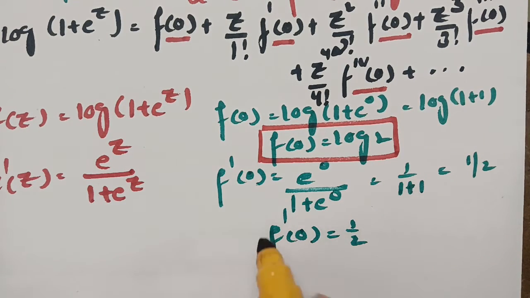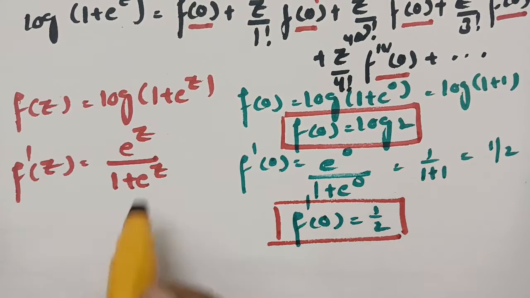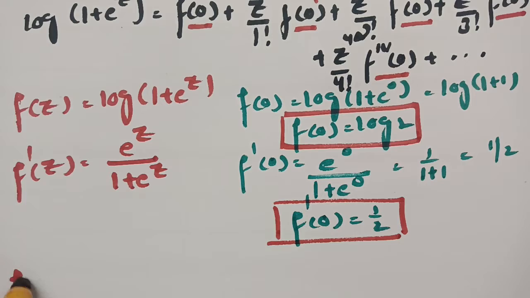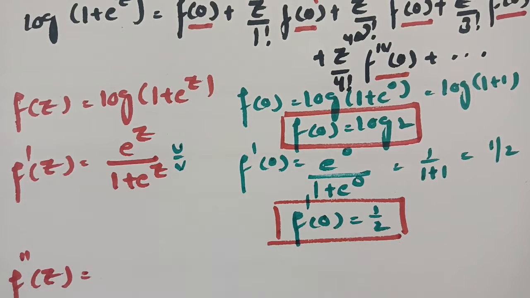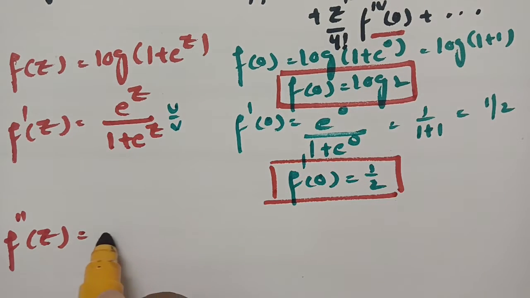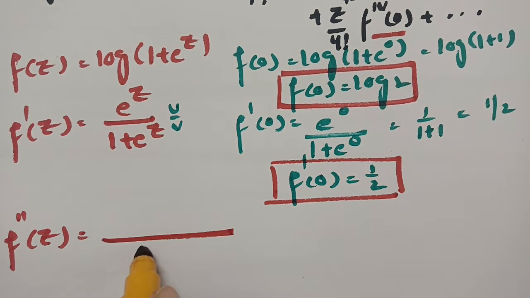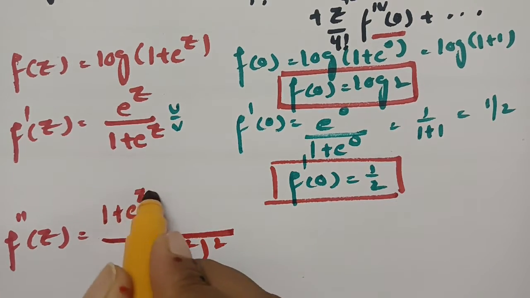Clear? And next thing, we have to take the double derivative. For this, the double derivative of f of z is of the form u by v, so we use the u by v rule, and the denominator will be v square, clearly. This will be 1 plus e power z whole square, and again this is v, e power z.